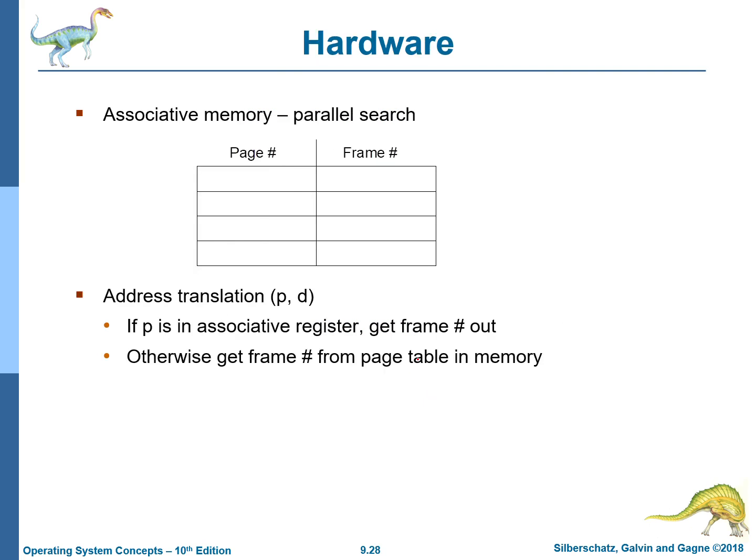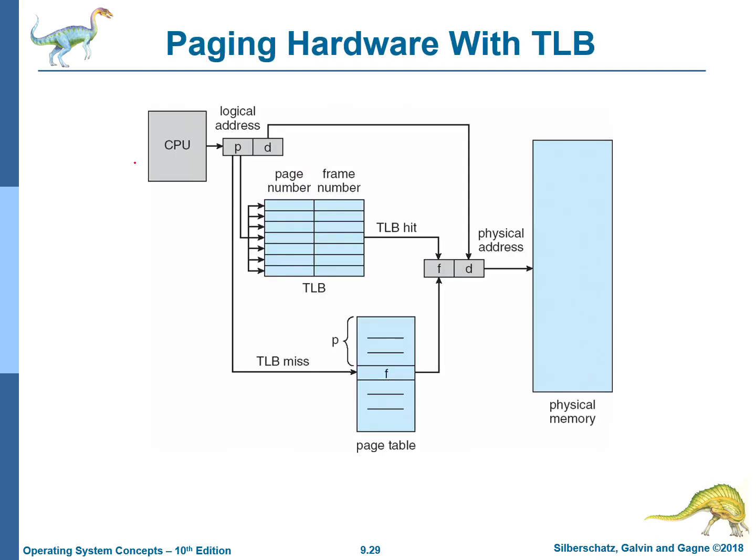I'll show you in the picture here. In this scheme we now have two tables. The first one, the page table, we already had, but now we have one extra table, the translation lookaside buffer table.